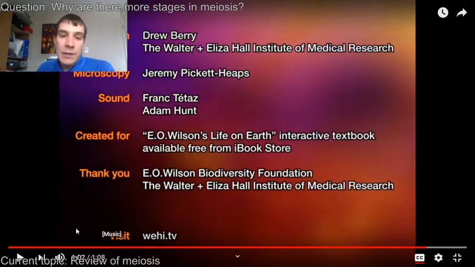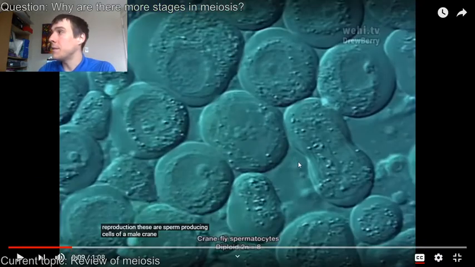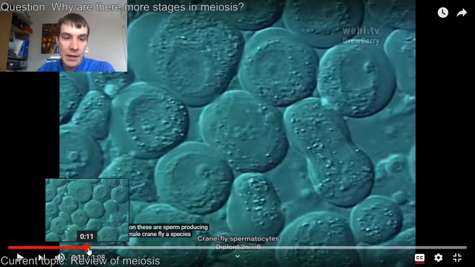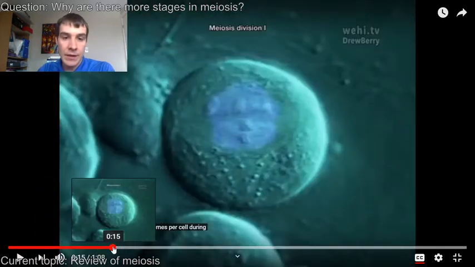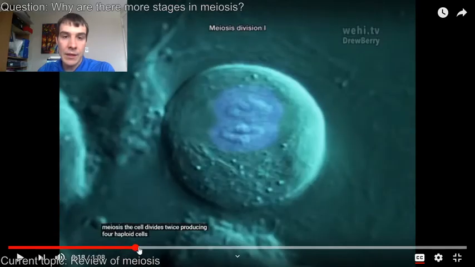And now I'm unmuted again. Yeah, so that's meiosis. You can see a bunch of different meiosis stages happening here. This one's clearly in the middle of a cytokinesis kind of thing. Some are kind of hard to tell. If we move on through though, you've got your usual prophase, then they line up for metaphase.